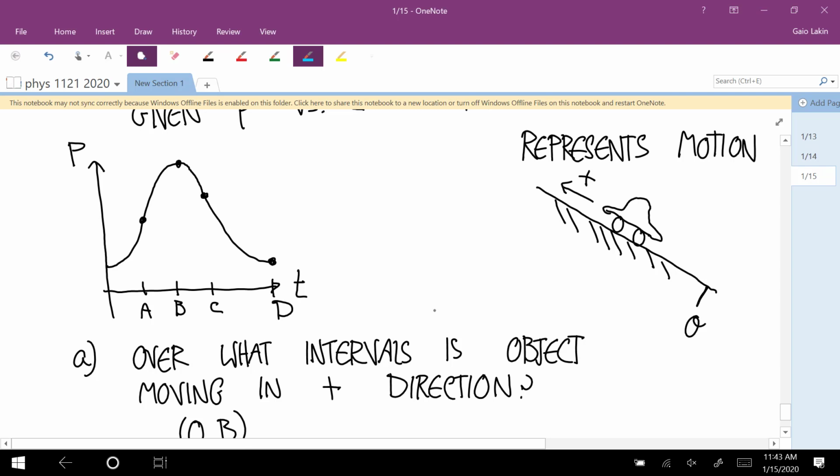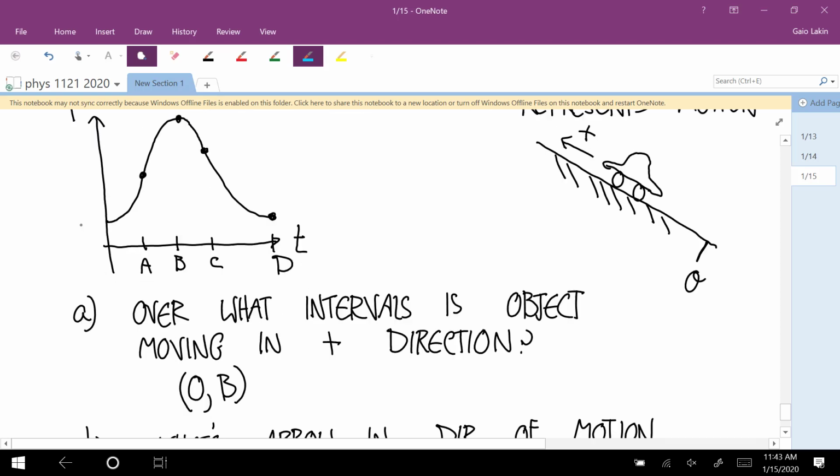Which way is it going? It's going in the direction that we chose to be positive, which is left and up. Yep. Question? Okay. Any questions about that? The connection between the sign in math world and the direction the thing's moving.